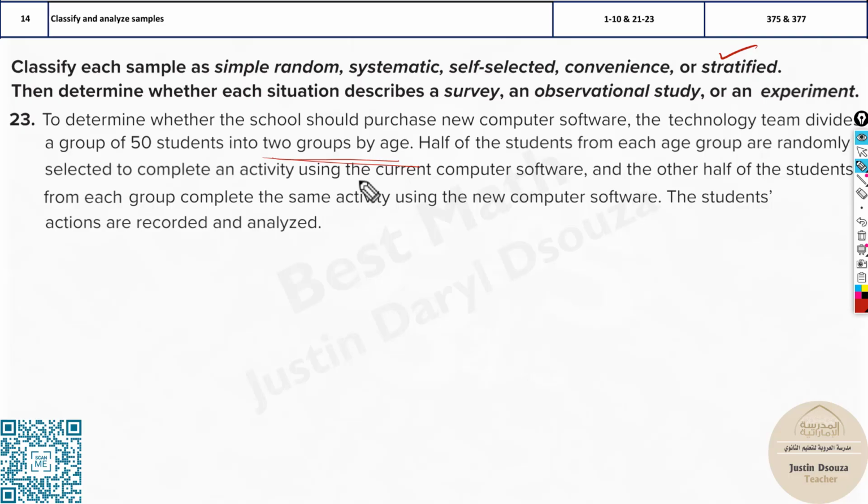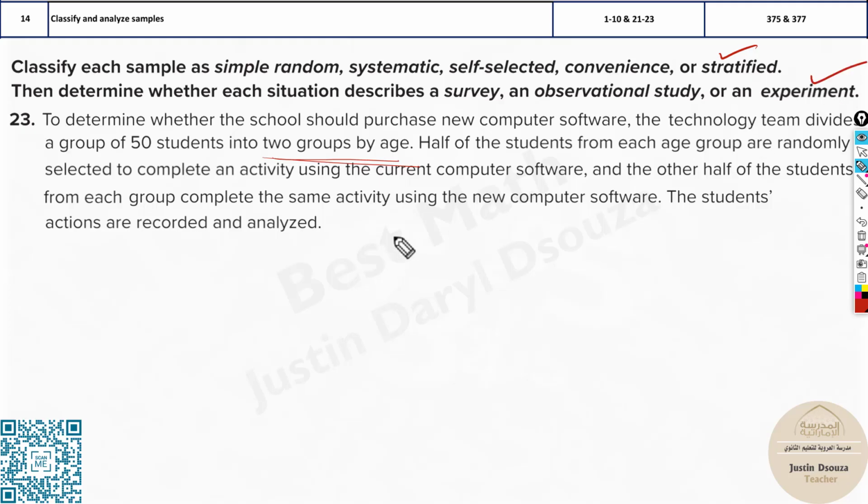When they are dividing or grouping the students by age, or, for example, based on grades or something like that, it's always stratified. Half of the students of each group are randomly selected to complete an activity using the current computer software. So half are doing the normal way, what they're supposed to do. And the other half of the students from each group complete the same activity using a new computer software.